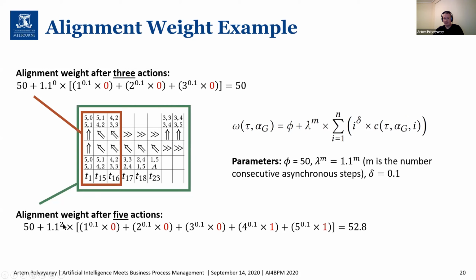But then we also have 2 steps at the end which misalign, and we also penalize some deviations here. So the 4th and 5th steps deviated, so there'll be a weight of 52.8. Think of these just as numbers which encode that logic of where we want to put the emphasis on corresponding or misaligned moves.